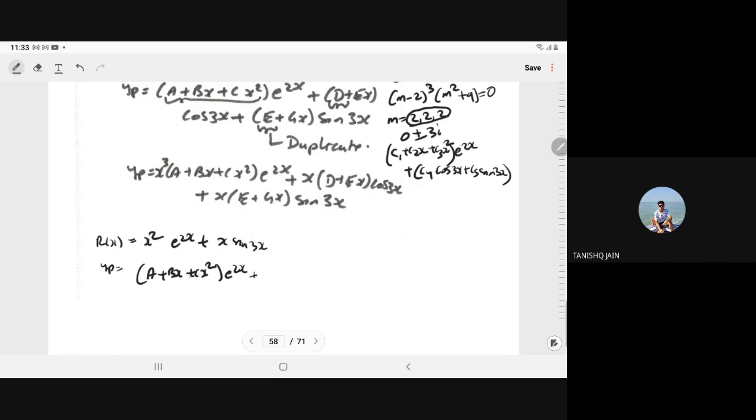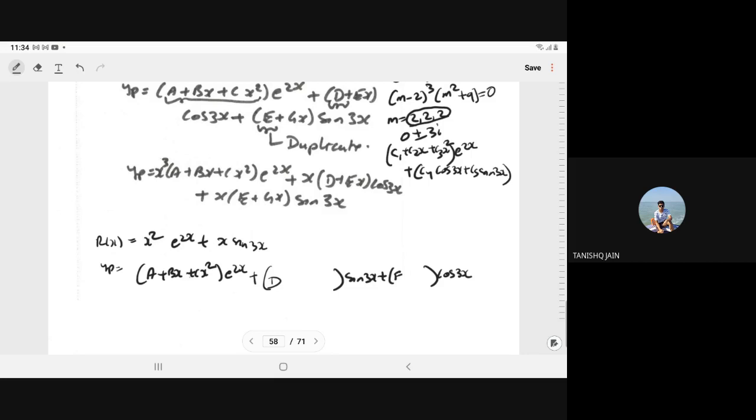Similarly, due to sin 3x, we take in general d sin 3x plus f cos 3x.